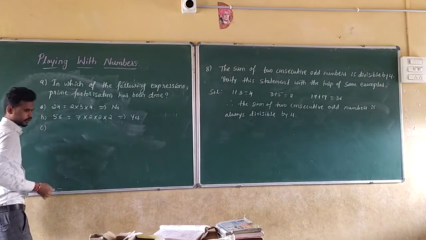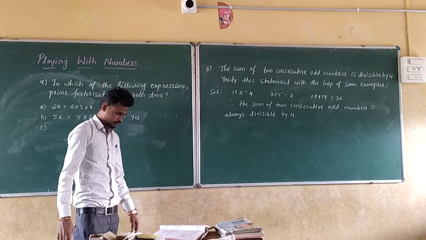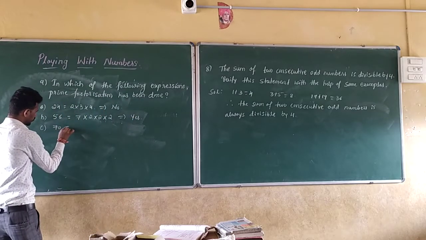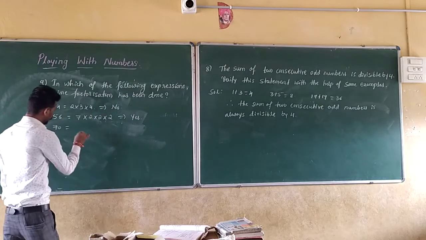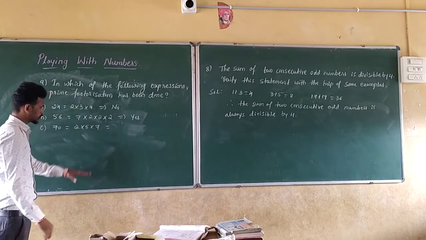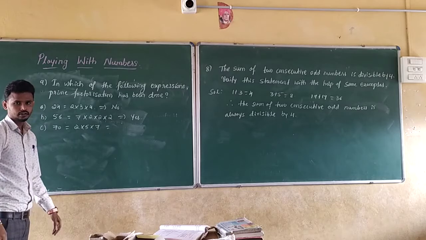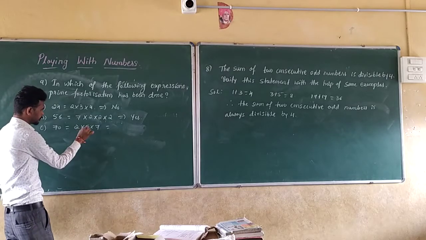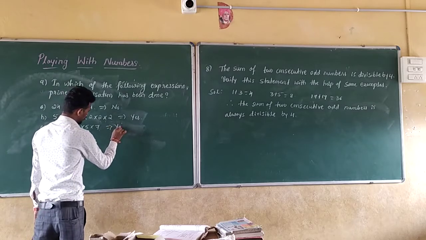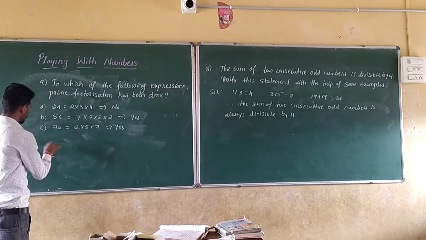Next, the third one, 70, which equals 2 into 5 into 7. Is that a product of prime numbers? Yes, because 2 is a prime, 5 is also prime, and 7 is also prime. So the third one is yes.